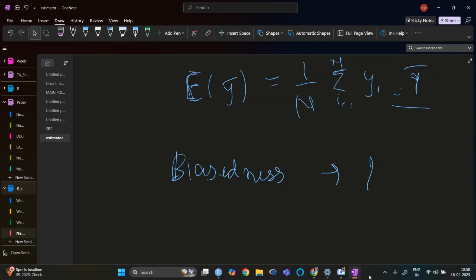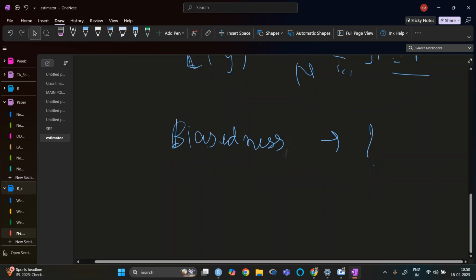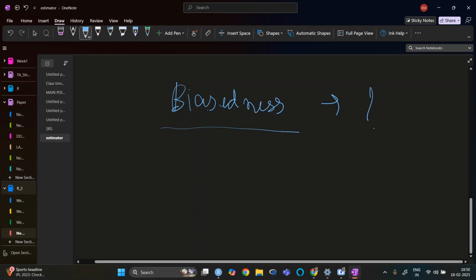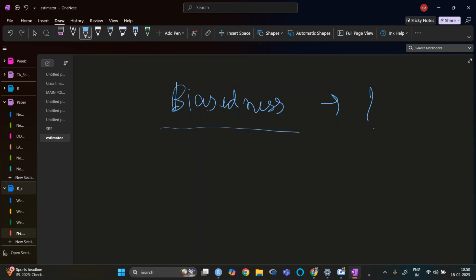In reality, we ask whether there is biasedness or not. Mathematically, it means giving more probability to one than the other. Let's say I have 1 and 2, and the probability of the first is 0.6 and the second is 0.4.